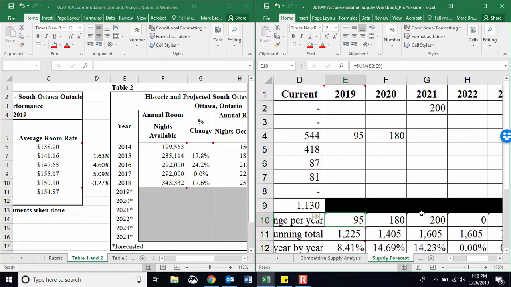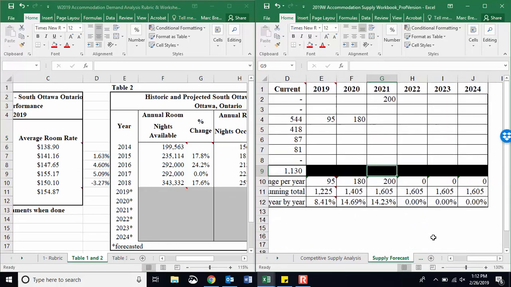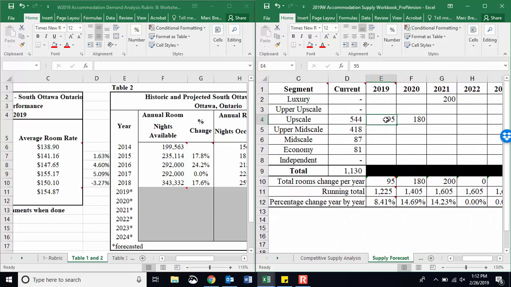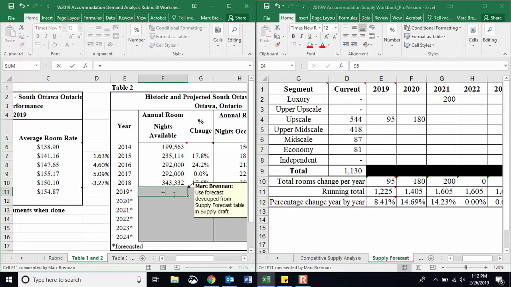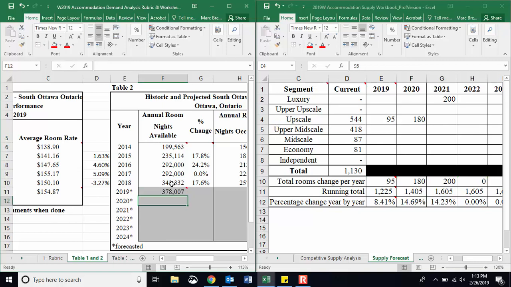So what some teams did, which would seem logical, is they just added the 95. They just simply went, okay, 2018 plus 95 more rooms times 365. That's what we did in the example in class, right? So if we press enter, there you go. So 378,007 rooms is what's forecasted to be in 2019.